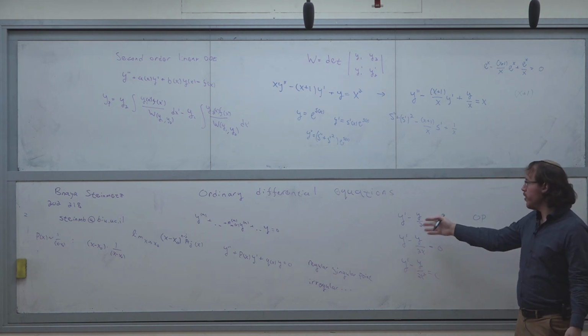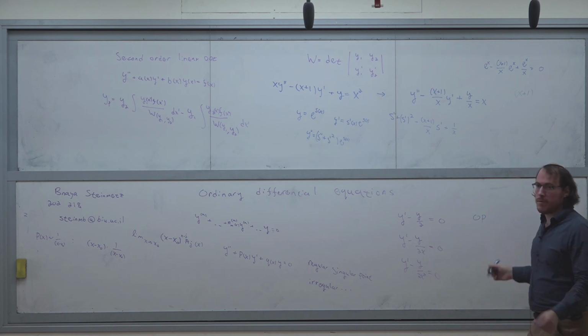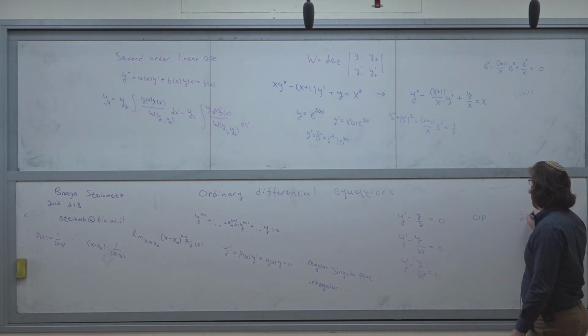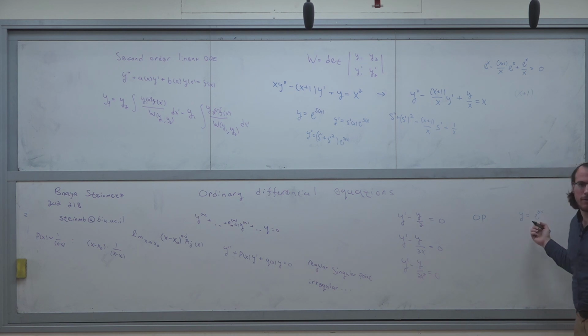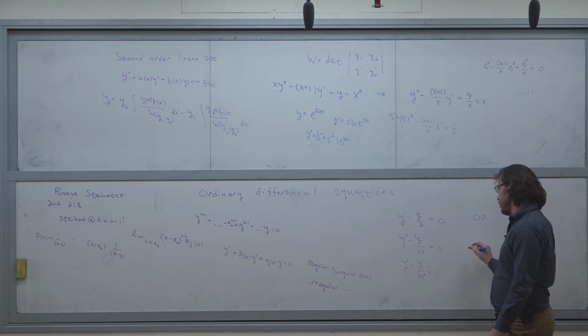right? There isn't anything bad happening in any point of this equation, and it is not surprising because the solution of this equation is just the exponent, and we know that the exponent is analytic everywhere, so not surprising at all. Here we see a regular singular point.